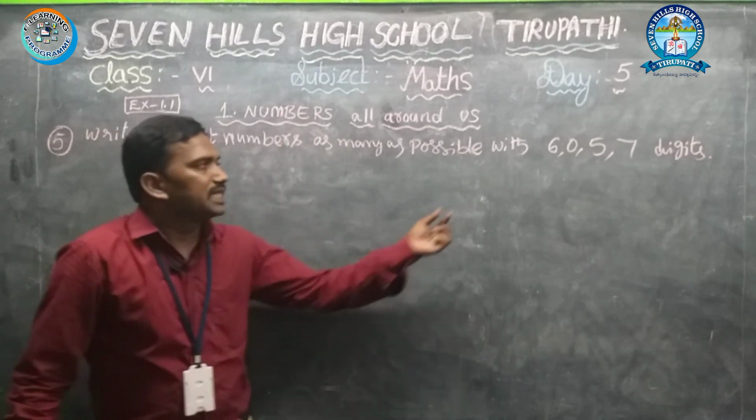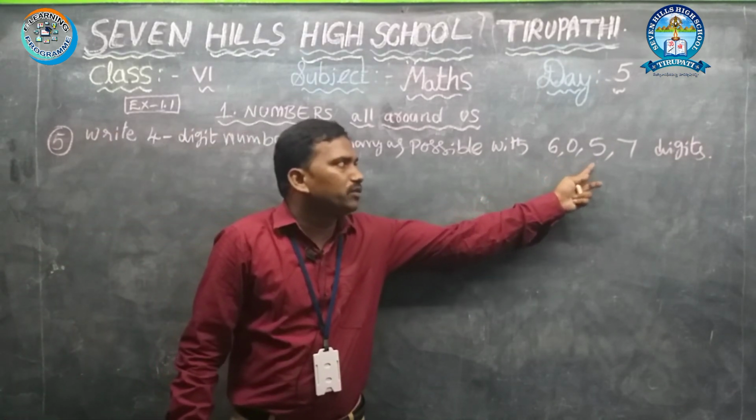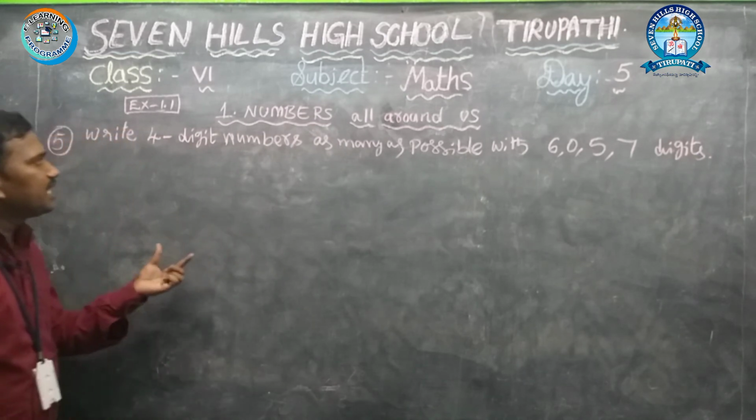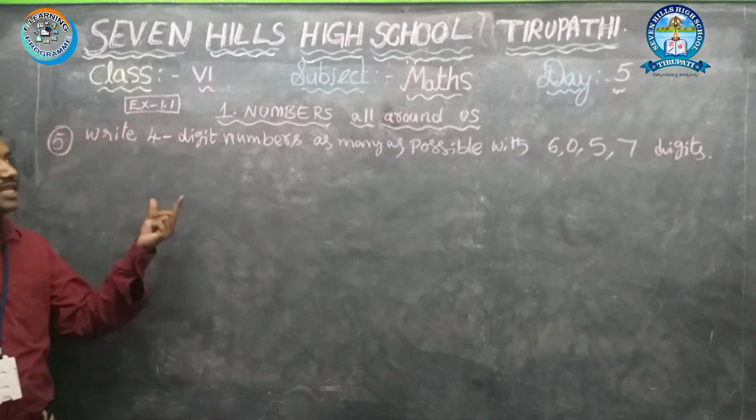By using 6057 we can create 4-digit numbers as many as possible.